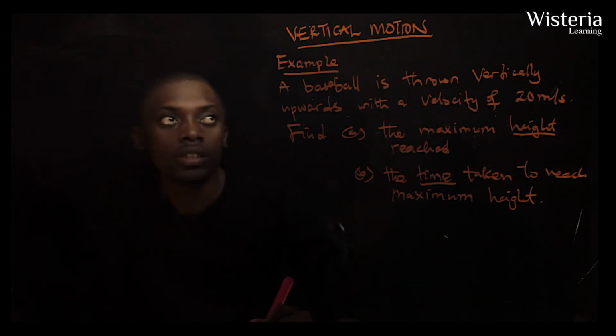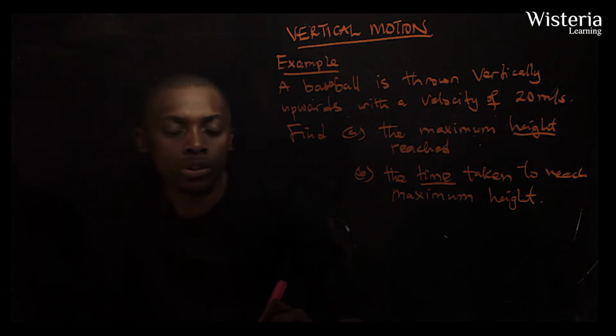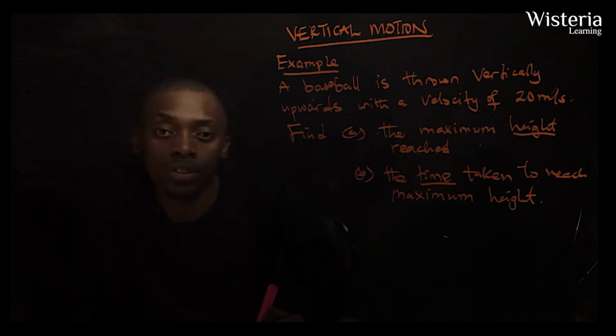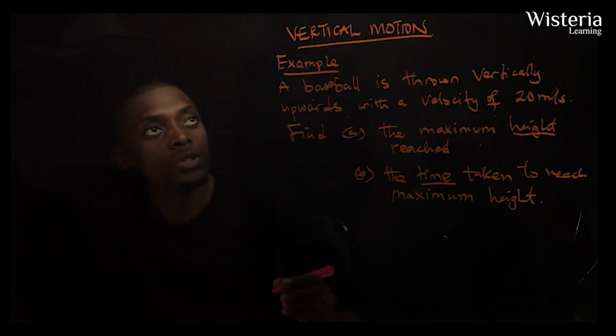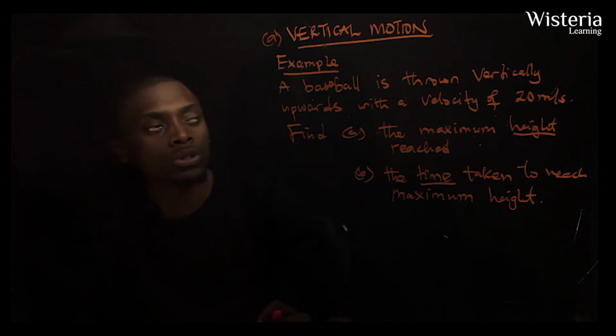Okay, so here we have an example where we are going to show how we can calculate different physical quantities when an object is thrown through the air. First of all, we'll concentrate on vertical motions.